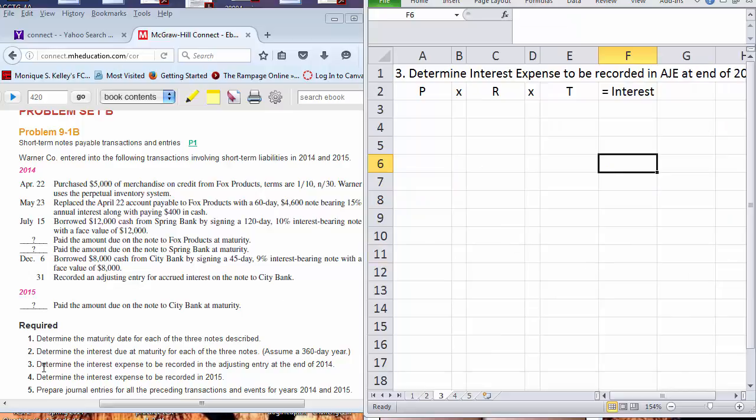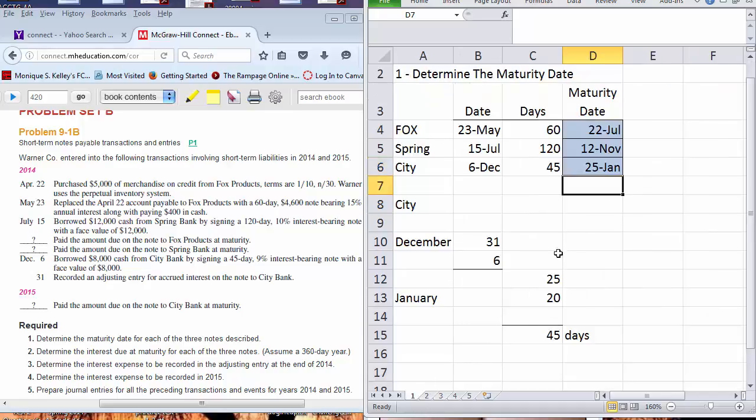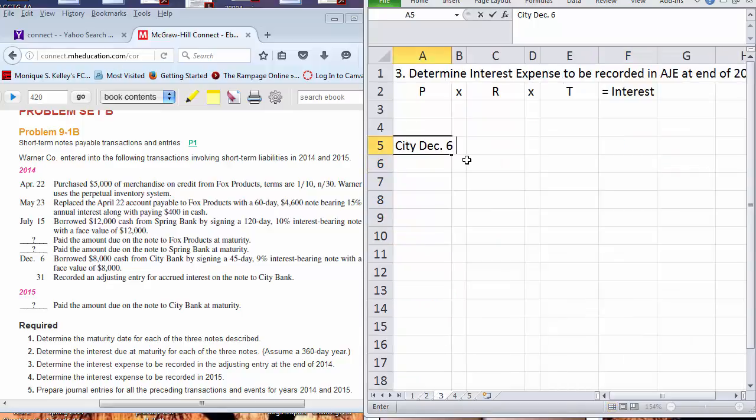And then item 3 says determine the interest expense to be recorded in the adjusting entry at the end of 2014. So in 2014, we want to see if there are any items that did not mature. Going back to our list, Fox matured in July, Spring matured in November, and Citibank is the only one that has not matured. So we're going to look at the period from December 6th through December 31st, and that would be 25 days.